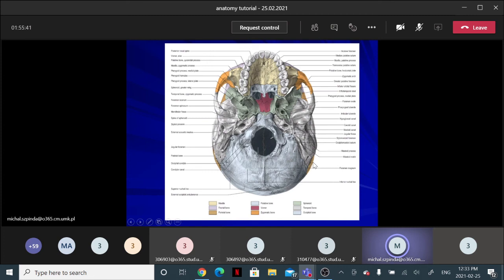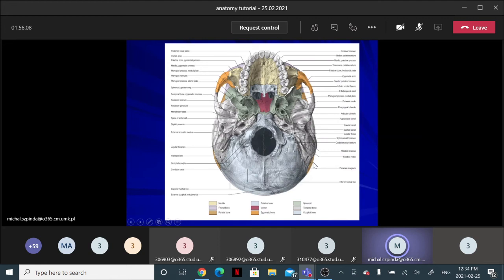The mastoid process is notched medially by the mastoid notch, and more medially, in parallel, is the sulcus for the occipital artery.